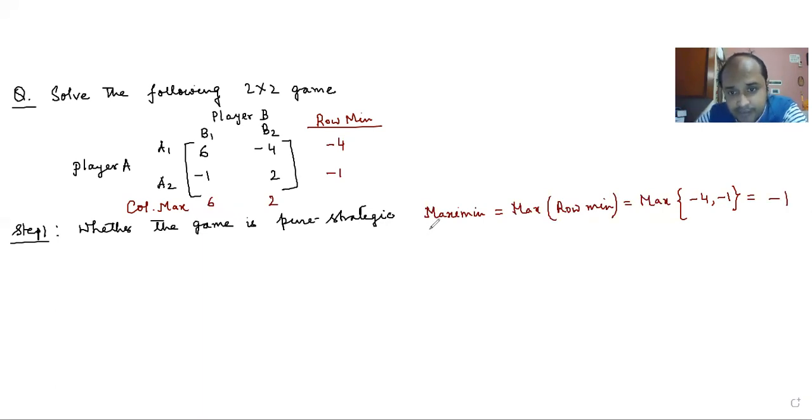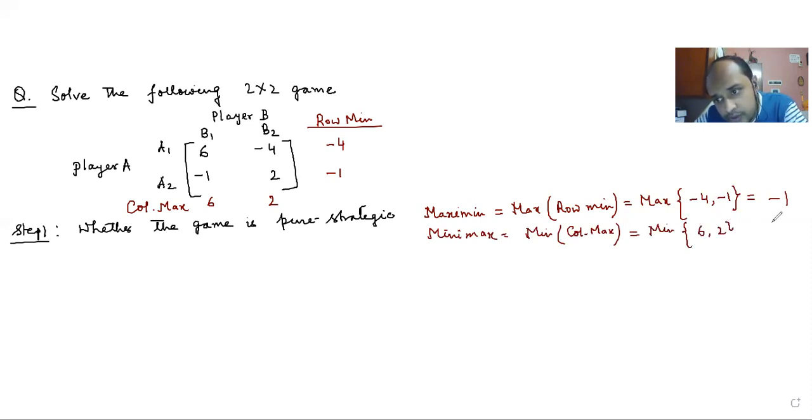And minimax is min of column maximums, and that is min of 6, 2, which is 2.